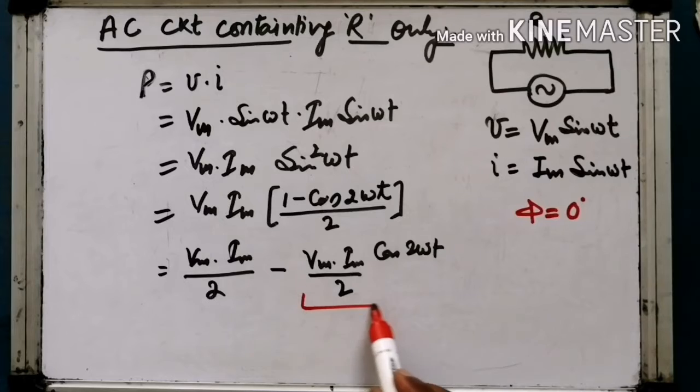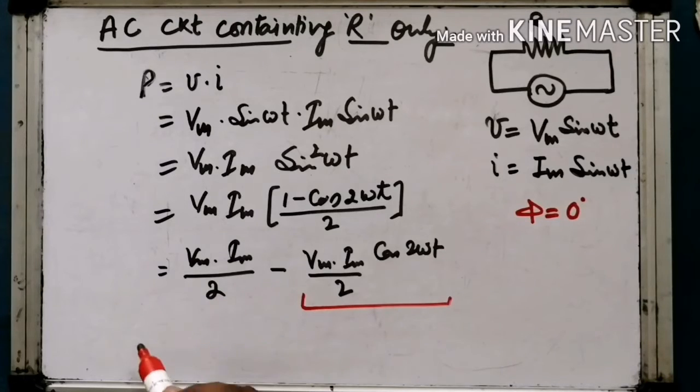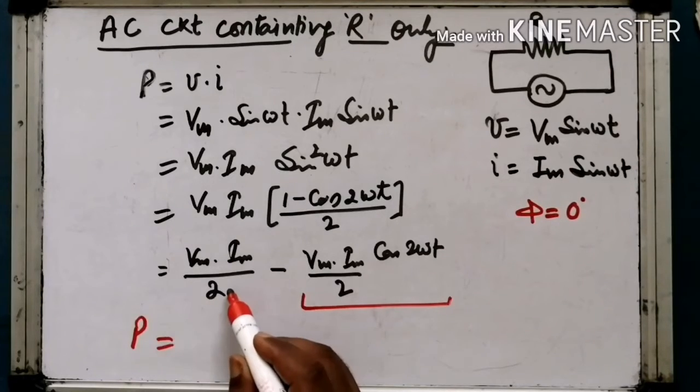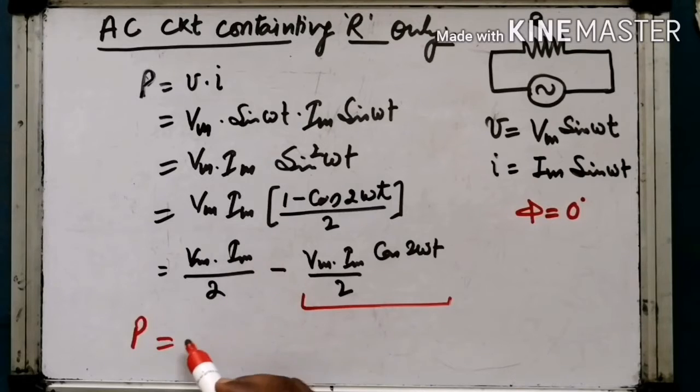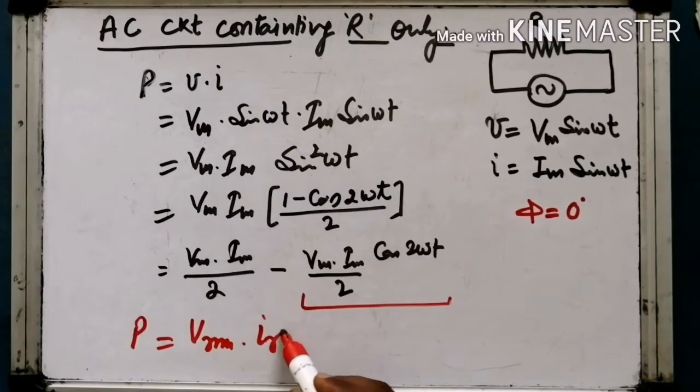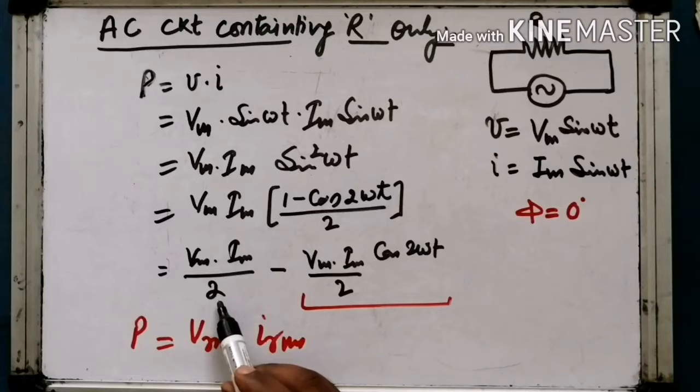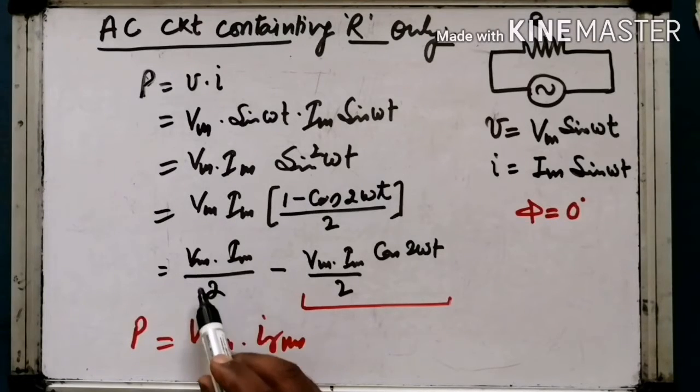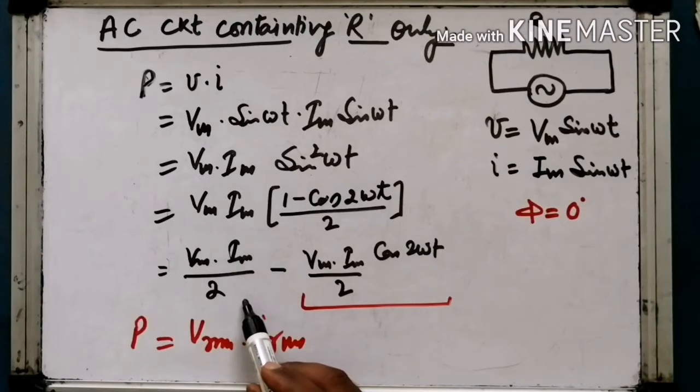For one complete cycle, the average value of this portion is 0. So the average power is given by Vrms into Irms. It is nothing but average power. Dividing this 2 as root 2, it becomes Vm divided by root 2, Im divided by root 2.